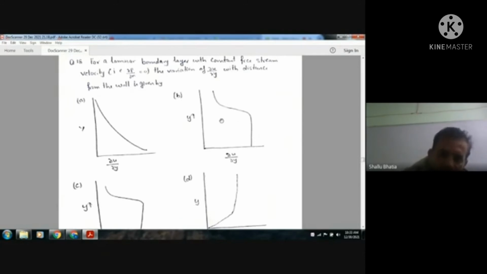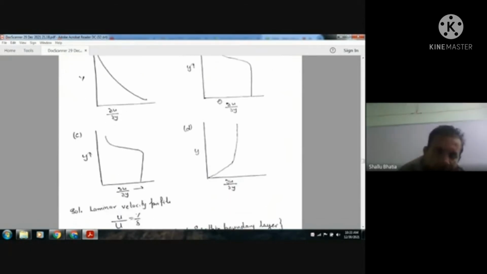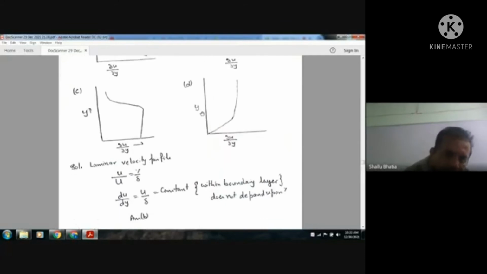So the answer will be this. This is y, and it will remain constant within the boundary layer, and then it will be zero. It will not depend upon y. So the answer is yes, or we can solve it by this.